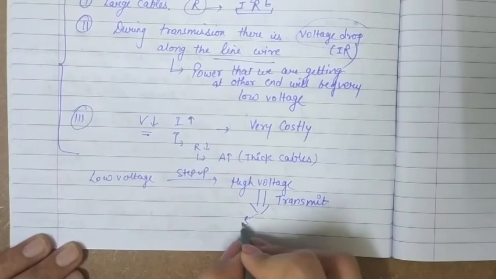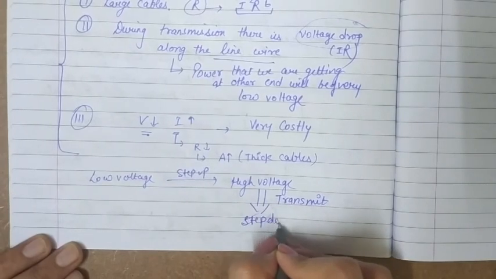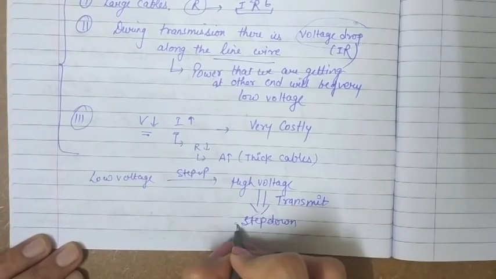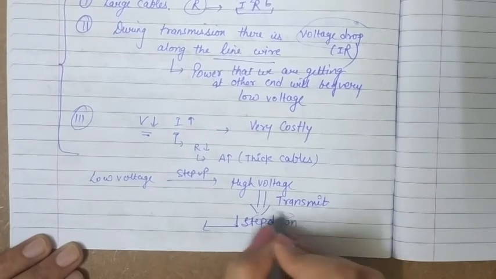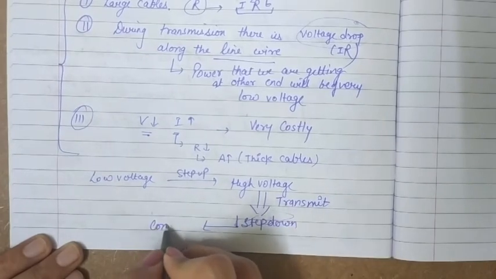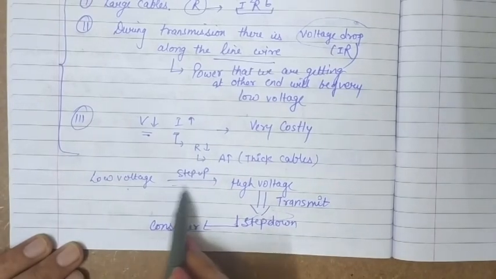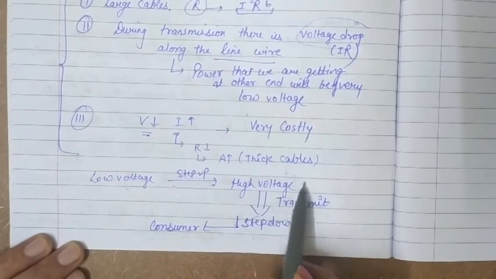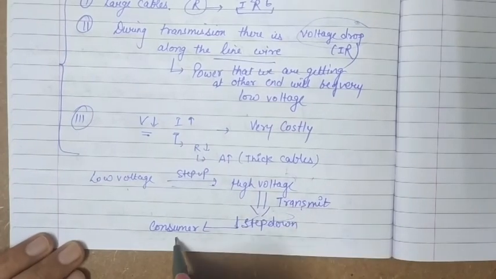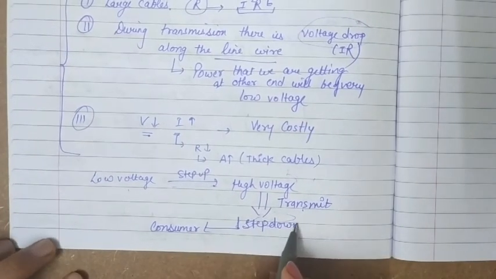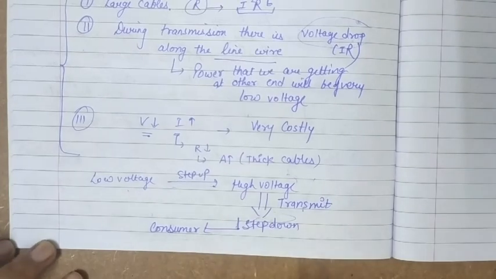Then again we use a step down transformer before the consumer. OK, so we generate low voltage, convert it into high voltage, then we transmit it, and before it is used by the consumer it will again be converted into low voltage using a step down transformer.